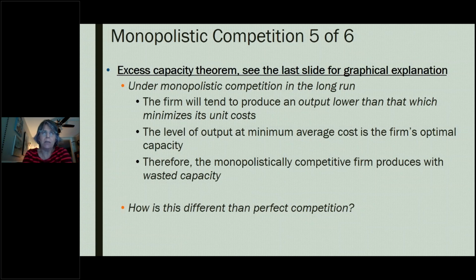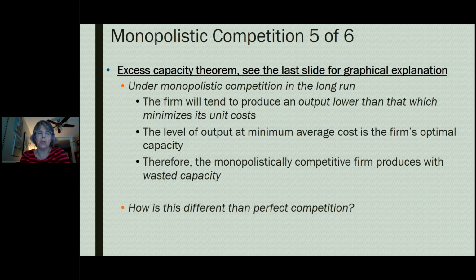So what's the bottom line for the consumer? The bottom line for the consumer is they're not paying the lowest possible price, but that might be made up for by the fact that you have so many options, a lot more competition of heterogeneous products.